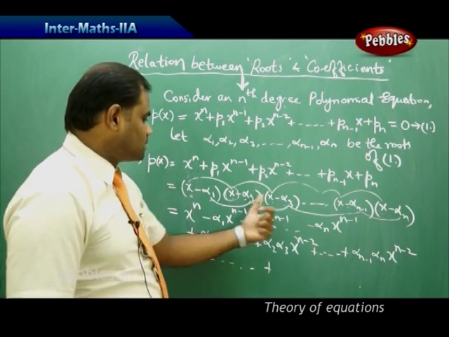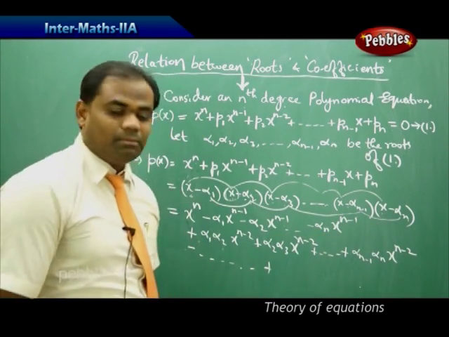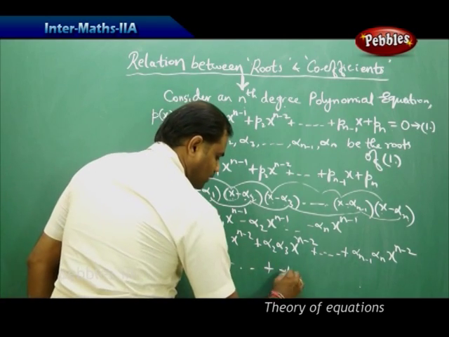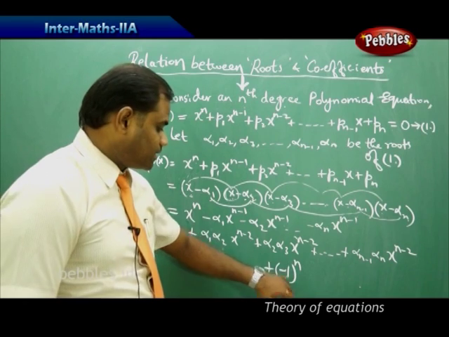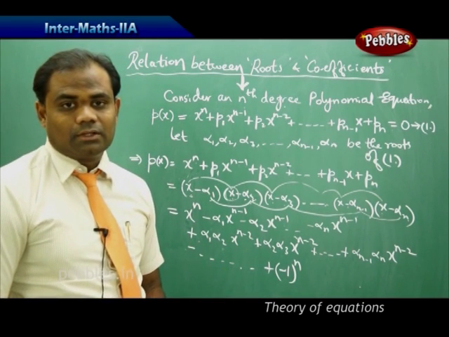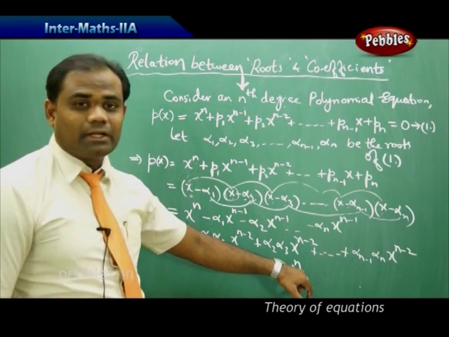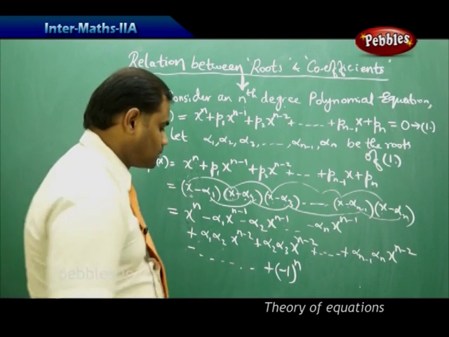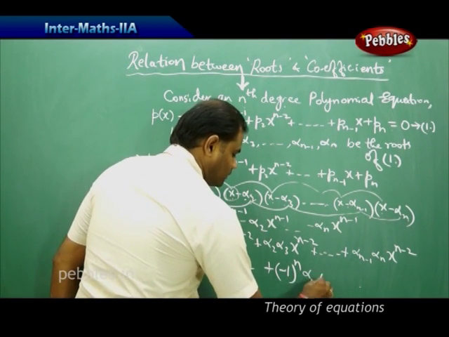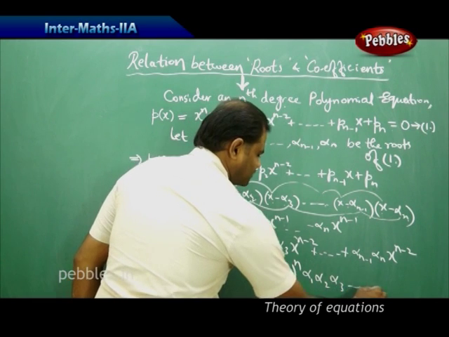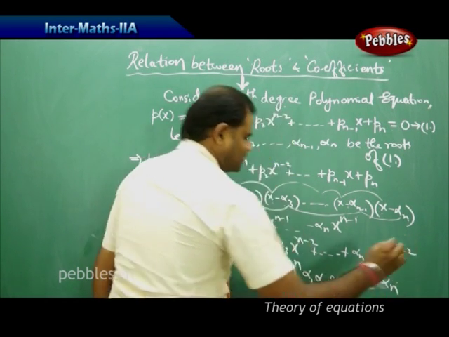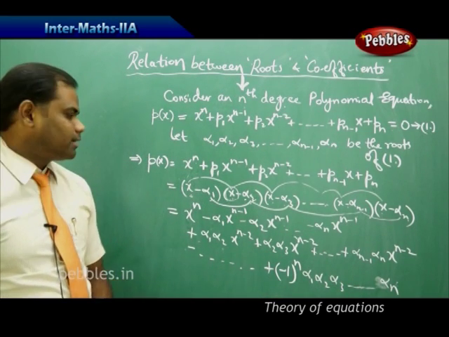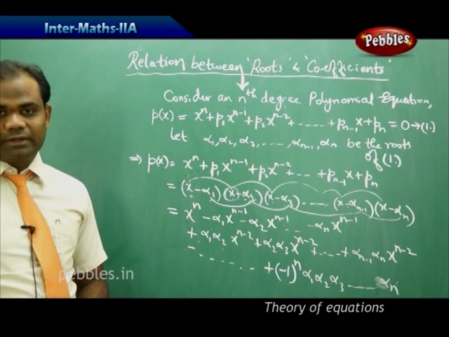So minus, minus, minus taken n times will be minus 1 whole power n, because we don't know whether n is even or odd. The sign is decided by whether n is even or odd. So in this case, this would be alpha 1, alpha 2, alpha 3 times alpha n, which is how I get this when I simplify for each of the factors.